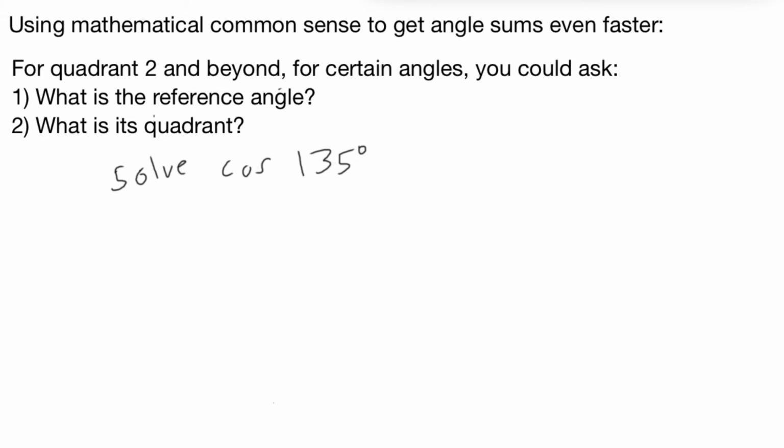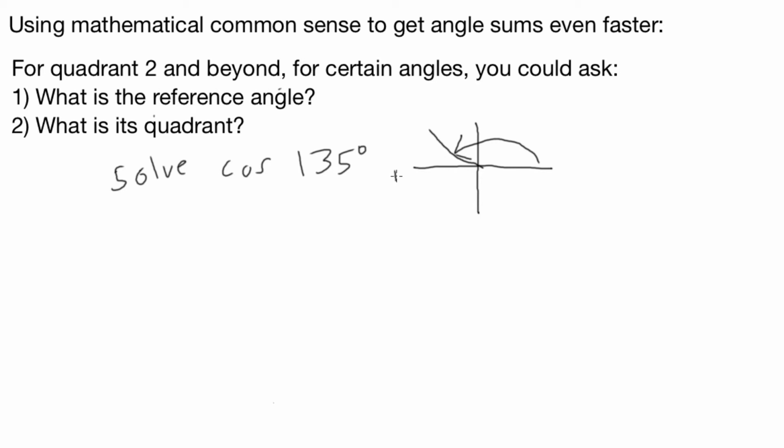So we could ask, for instance, solve the cosine of 135 degrees. Now we could do the conventional way, get the triple of 90 degrees plus 45. But guess what? What if we try this strategy here instead? For instance, let me actually draw the coordinate geometry situation. Here's your 135 degrees, approximately this way. All right, you go like this.